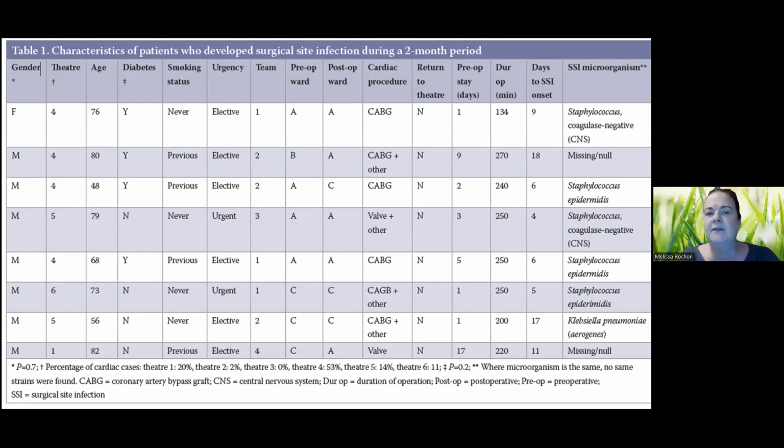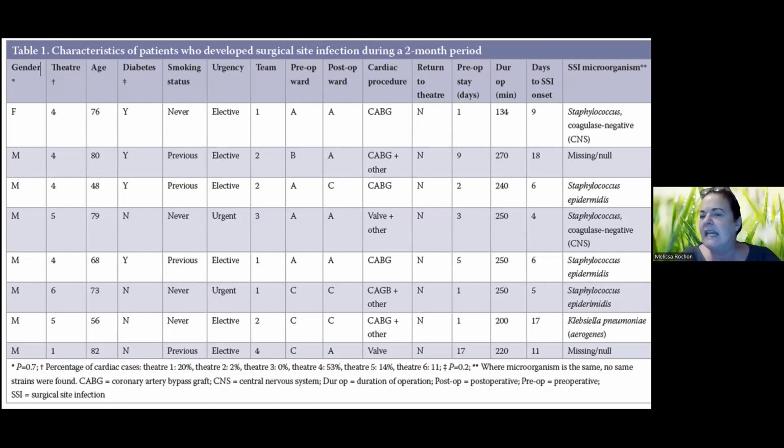We also looked at infection prevention practices, and we worked with the UKHSA, or HPA at the time, trying to figure out, is this seasonal? Is this something that's linked to the temperatures or humidity in the theaters? Is this something to do with the fans that we're using on the wards? We looked at absolutely everything.